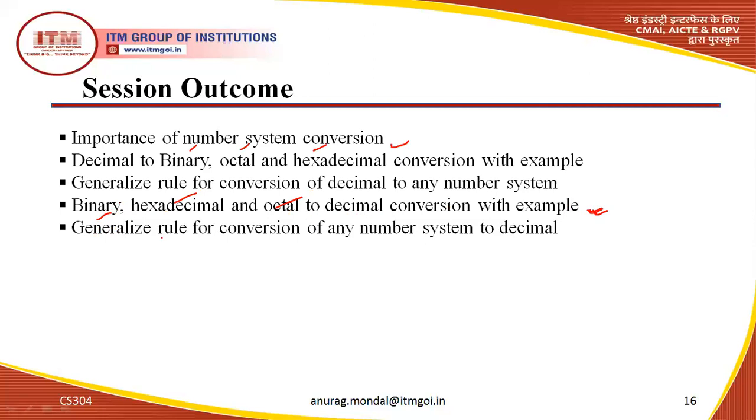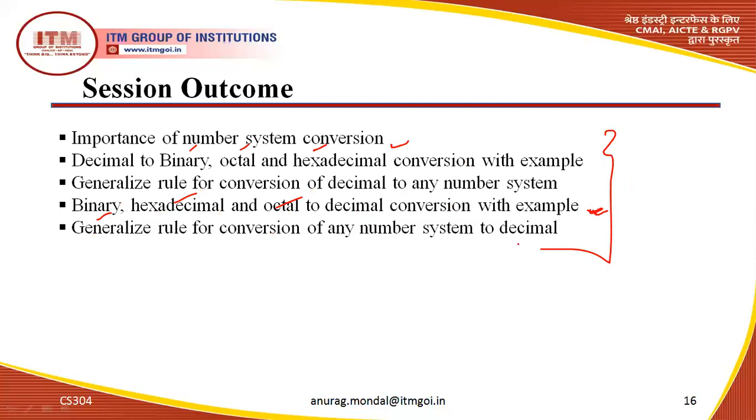Then we have the generalized rule: for any number system to decimal, we divide the number into two parts, write both parts in weighted form and add everything. We have the decimal equivalent of that number system. These are the most interesting and important parts we learned today.